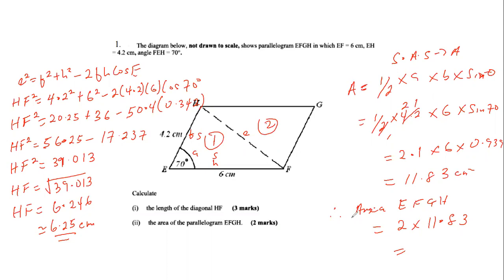Right. When you multiply, what do we get? Anybody can tell me? 11.83 times 2, centimeters square, right?